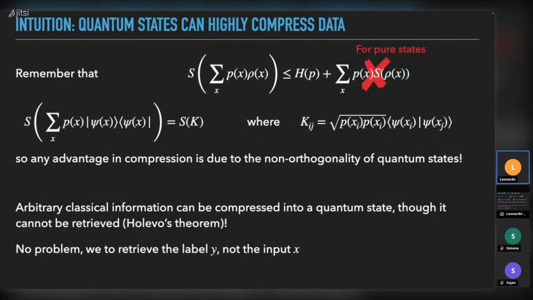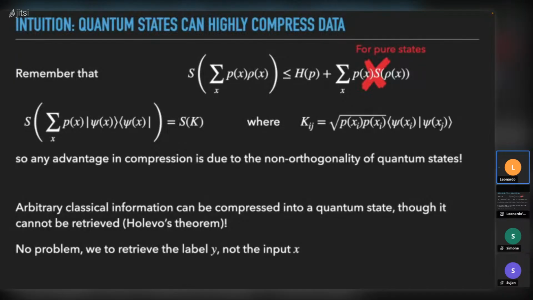But now, if you're encoding your data into pure states, this term is not there. So this means that now this quantity has to be always smaller than the entropy of the mixture.